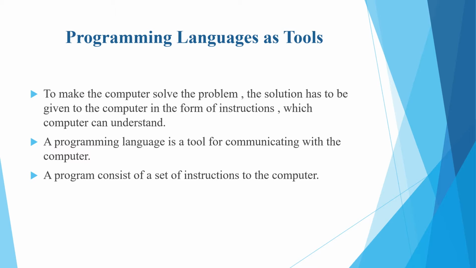So for that purpose, to communicate with the computer, the tool which we use is a programming language. A program consists of a set of instructions to a computer. So a computer language is a tool which allows us to write the program for the computer.